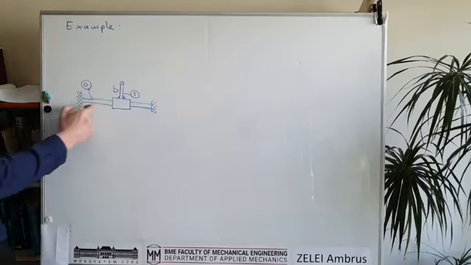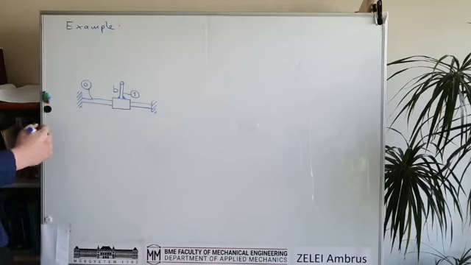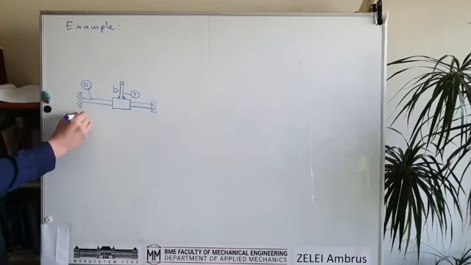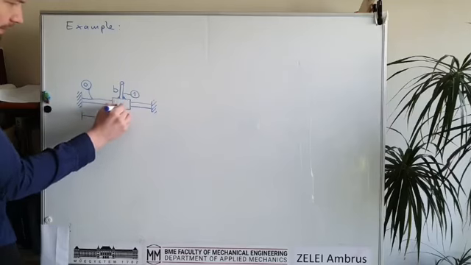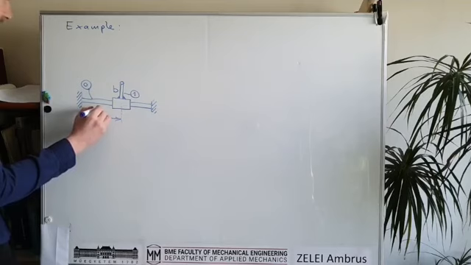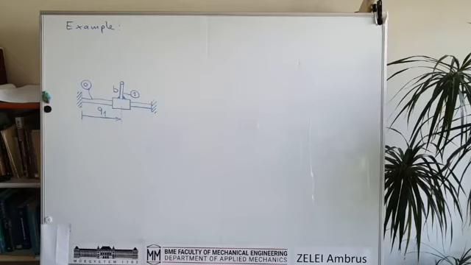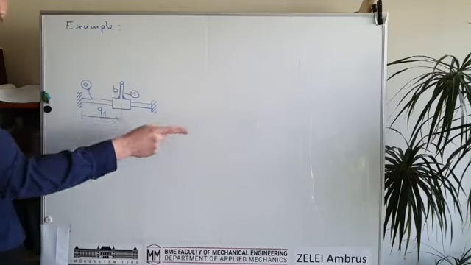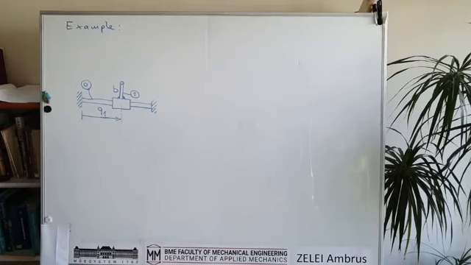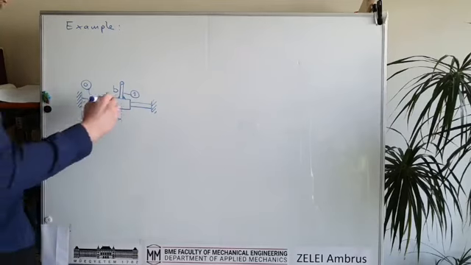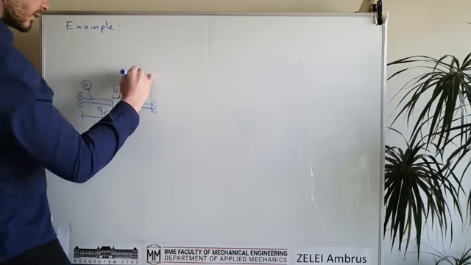So link number 1 can move in the horizontal direction, and then we can choose a coordinate which describes the position of this link here. So this will be Q1. Okay, this is our first generalized coordinate or first joint coordinate, and we will find the relation between the two parameters a_i and theta_i a bit later. First we draw the full structure.